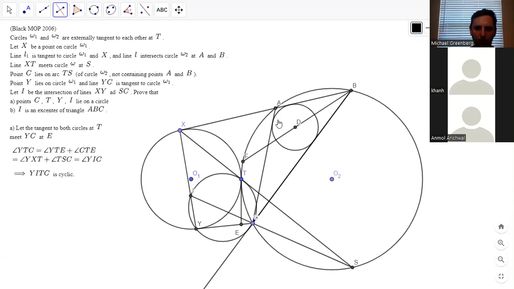It's kind of well known that XT meets this circle at the midpoint of this big arc AB, so that makes sense.